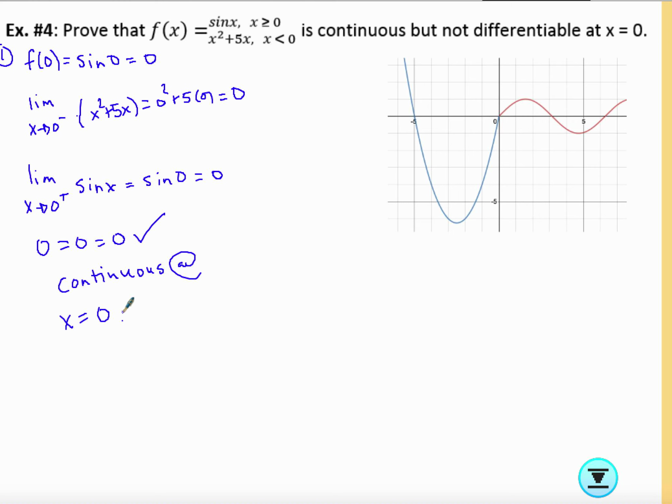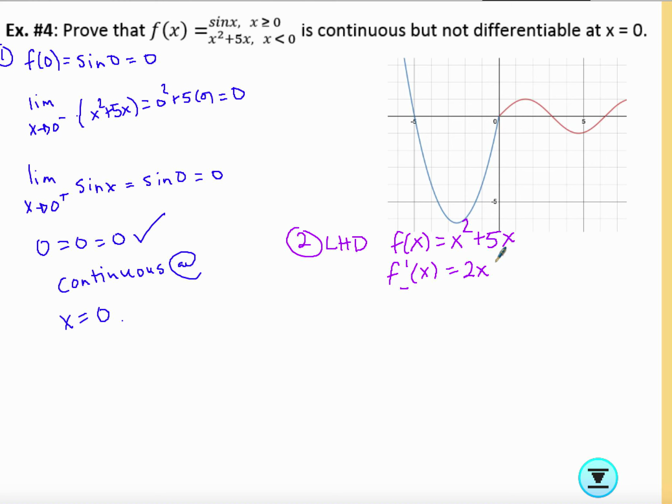So now let's check out those derivatives. We'll go with the left-hand derivative first. The left-hand derivative is going to use that bottom function because that's where the x values to the left of 0 are. So if I want to find that left-hand derivative, I'm going to take the derivative of that left-hand side.